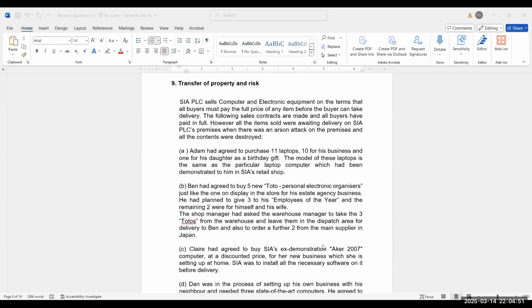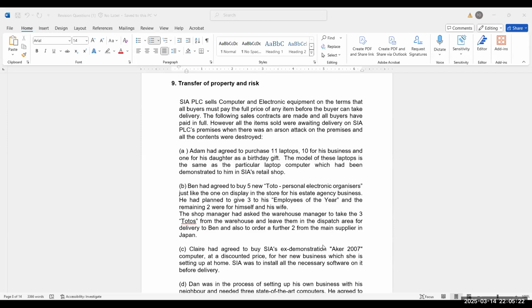So moving on, any computer, these are unascertained goods. So you want to ask, how do we determine when property passes in unascertained goods? Section 16 says that in a contract for the sale of unascertained goods, property will not pass until the goods have been ascertained. And when they've been ascertained, we have to look at what the parties agreed to. And the authority for that is Re Wait.